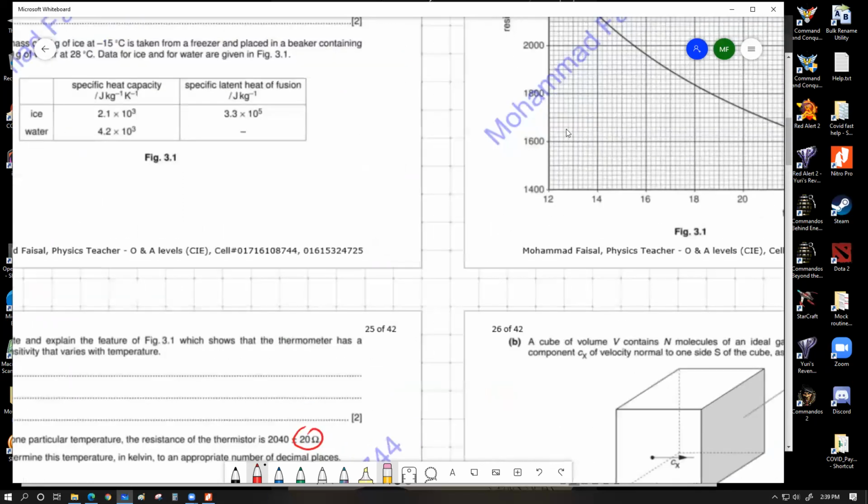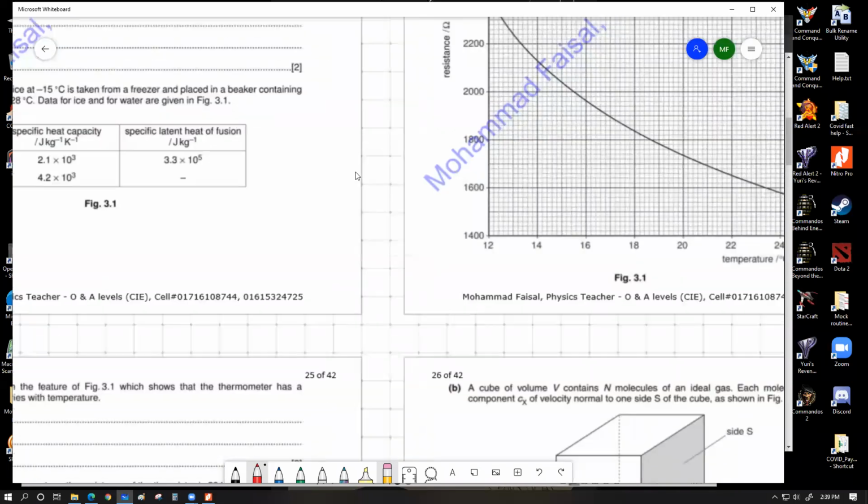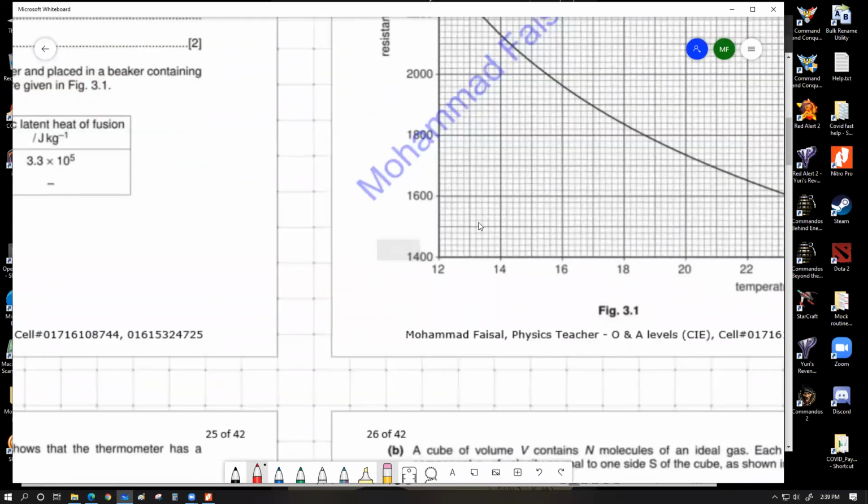Look at this 10 by 10 box. For a rise of 200 ohm in resistance, you have a change of a total of 2 degrees of temperature.